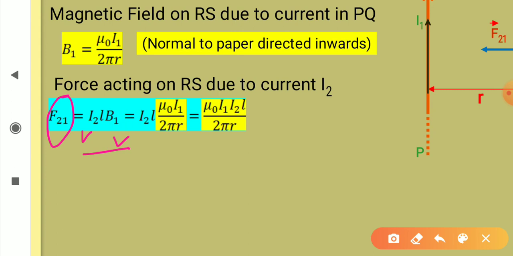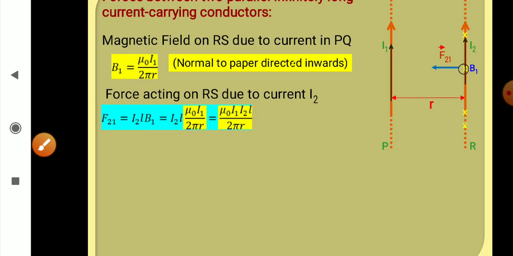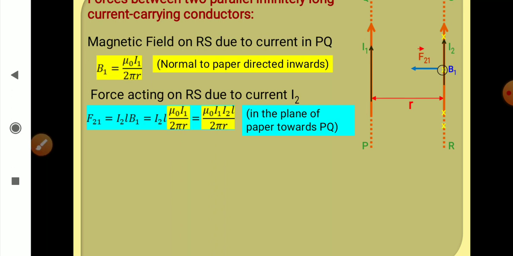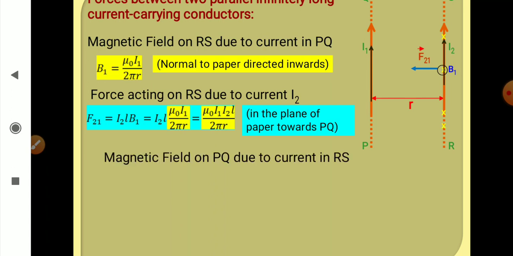And we can put the value of B1 from here, and just rearranging, you get mu naught I1 I2 L upon 2 pi R, right? Now this force is in the plane of paper directed towards PQ using your Fleming's left hand rule, right?